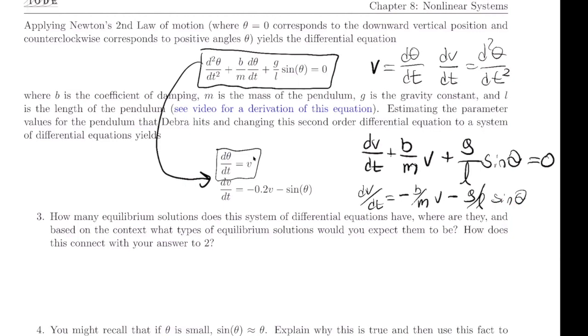So just to simplify this, since you can see there's a lot of letters floating around, I substituted in some values for B and M, and I just set L equal to gravity, and that simplifies some of the coefficients here.